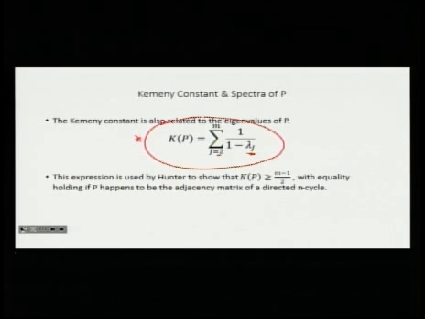Hunter also showed that we can find a lower bound for the Kemeny constant. So K of P is greater than or equal to the number of vertices you have minus 1, divided by 2.